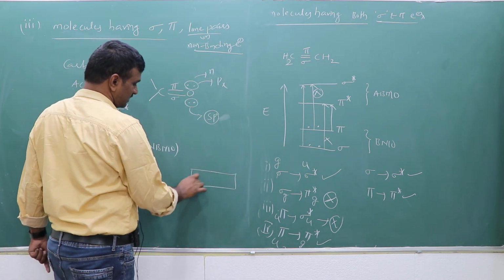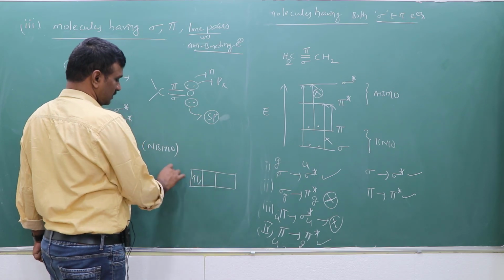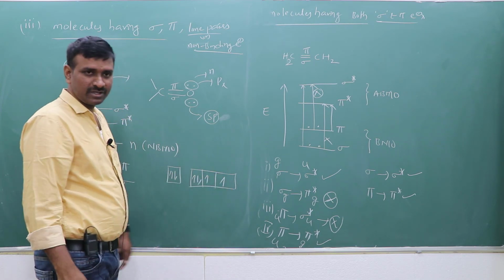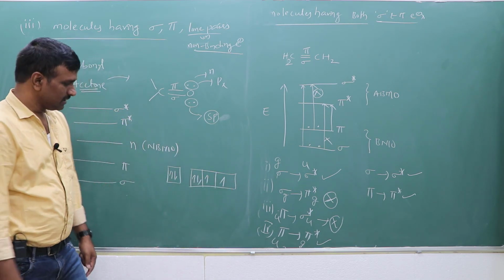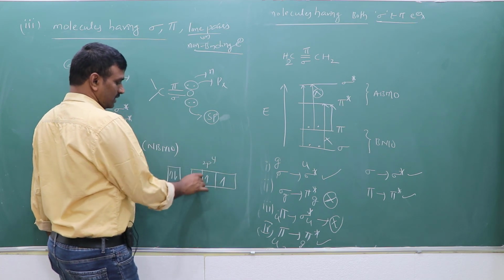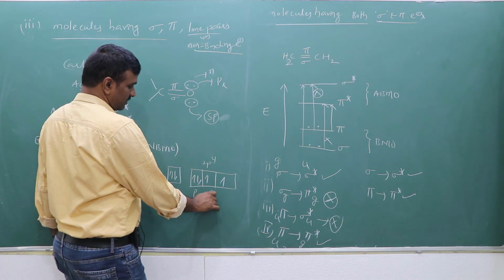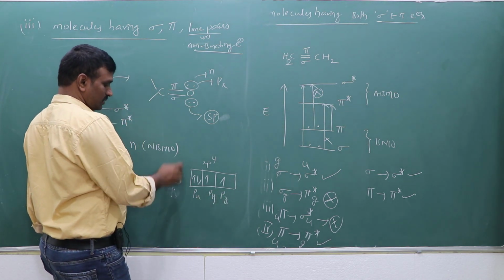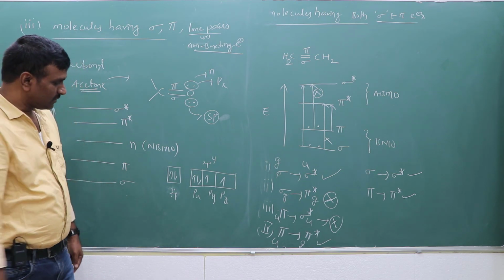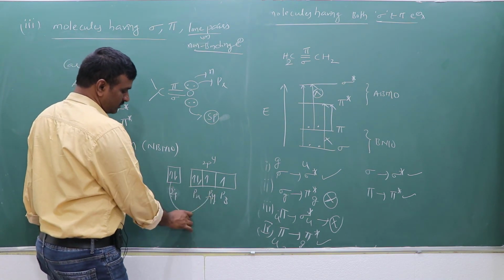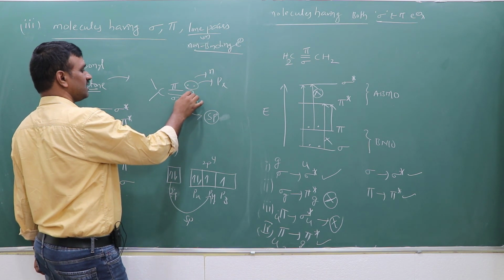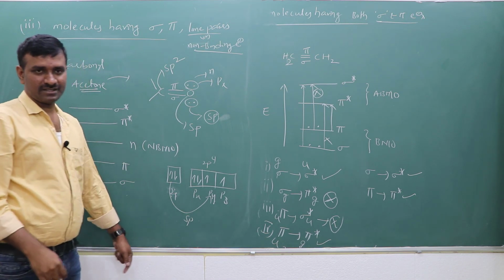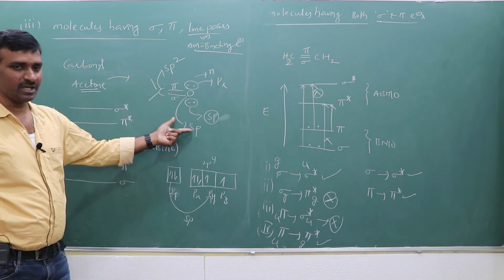Oxygen is 1s2 2s2 2p4. Here is px, you may imagine py and pz, and this is 2s. Now this s and this p go to sp hybridization. In this case oxygen is sp and carbon is sp2 hybridized.